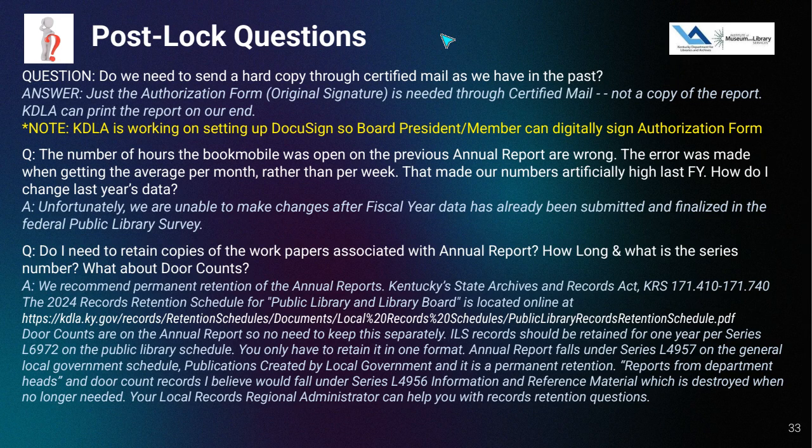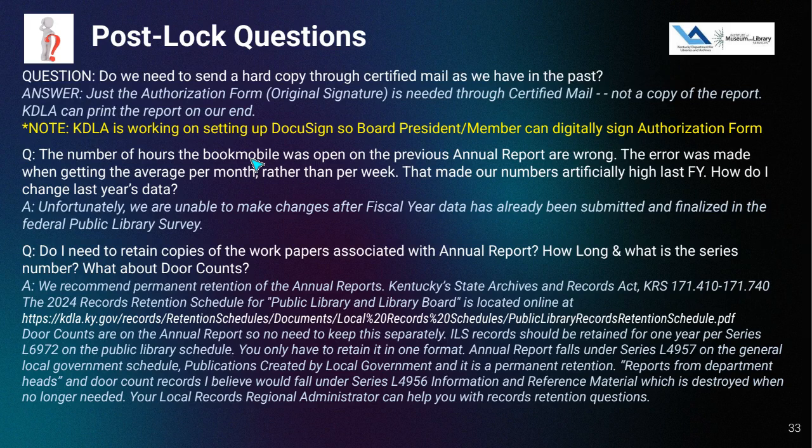We are working on setting up DocuSign so the board president or the member can digitally sign the authorization form. That's in process now. So just a heads up, we do have to have an original signature. And then this goes to our archives forever and evermore.